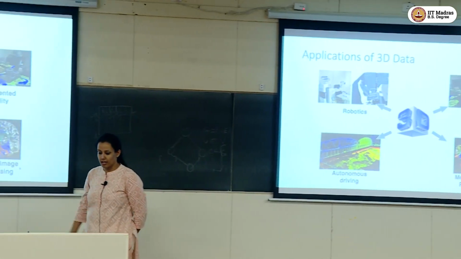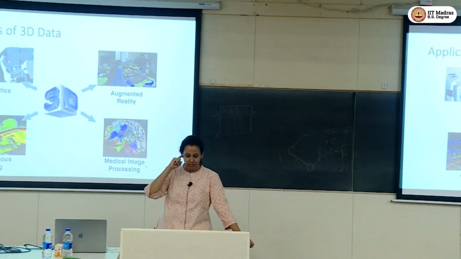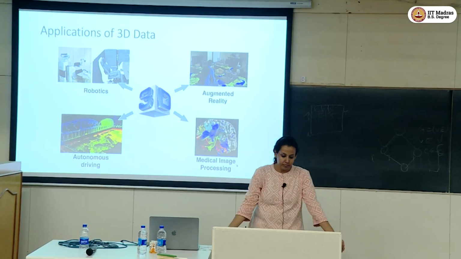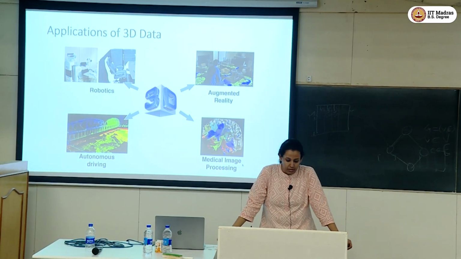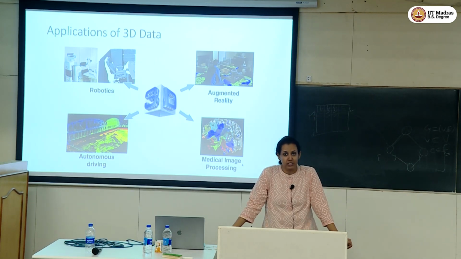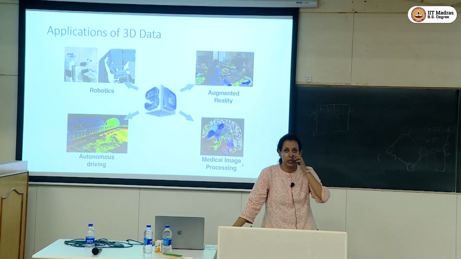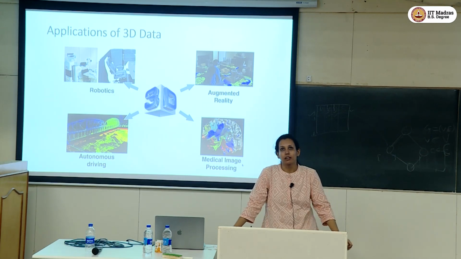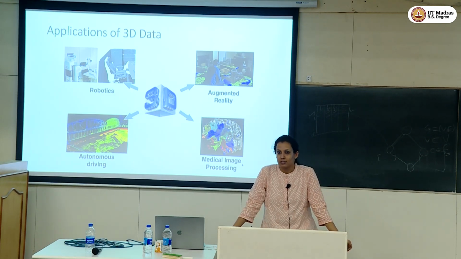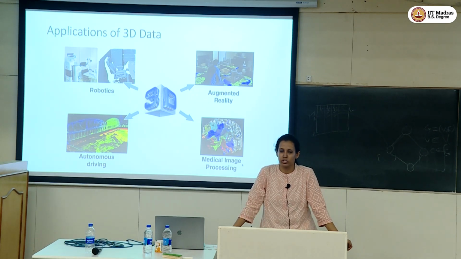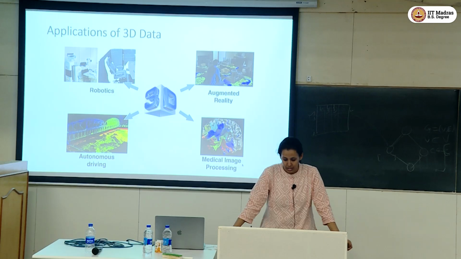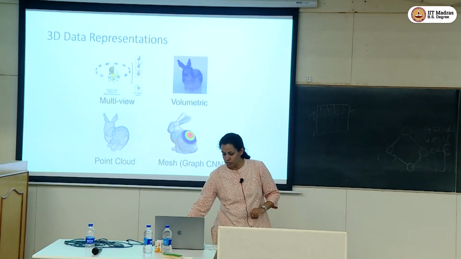In robotics also, there are robots and drones, but they also work with 3D scenes. There are many applications in all of these areas, even medical image processing, where they work with 3D models of some bio stuff, let's say for surgery or for clinical operations, and for education purposes also, right?